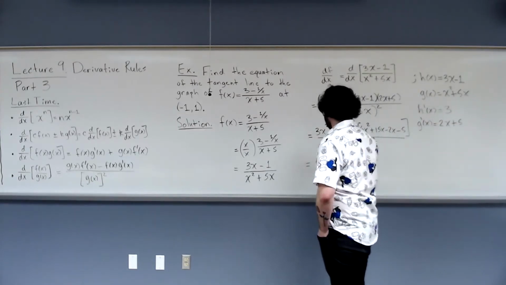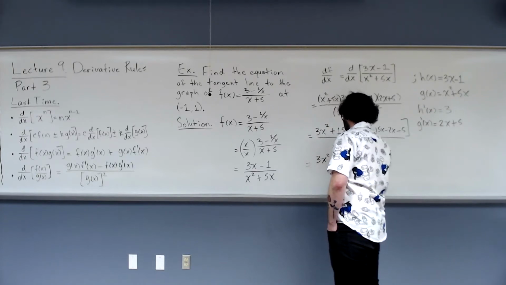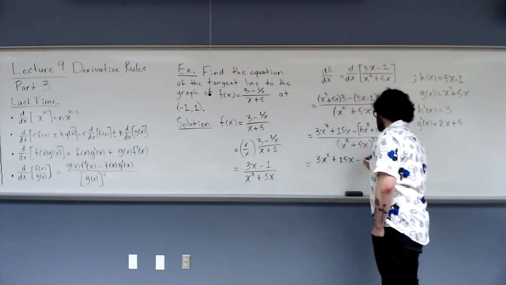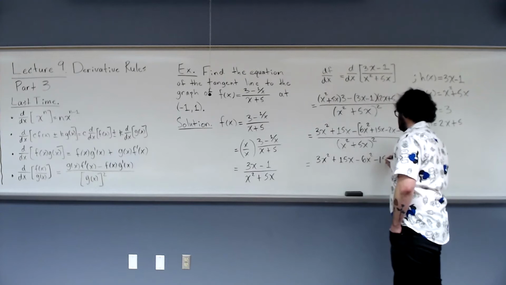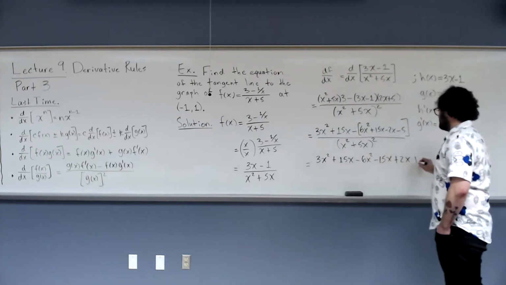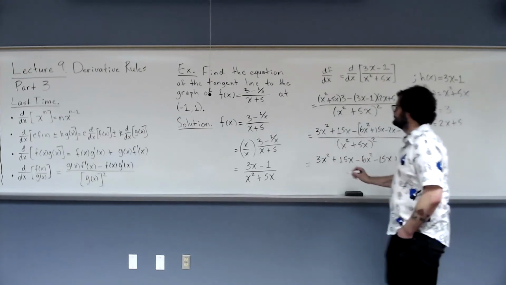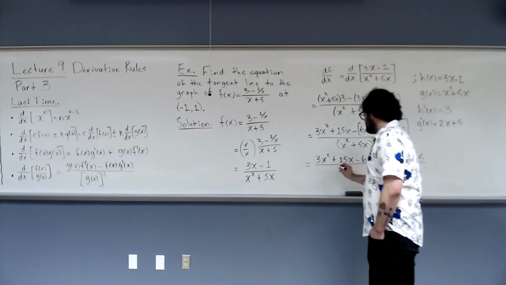So I'm actually going to write out another line. Minus 6x squared here, minus that 15x plus 2x plus 5. And then all over this thing.